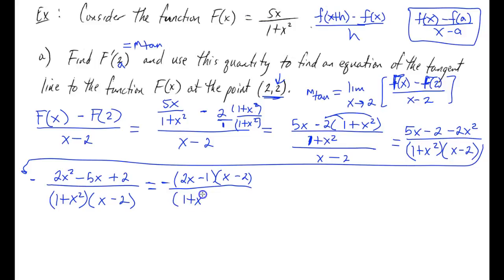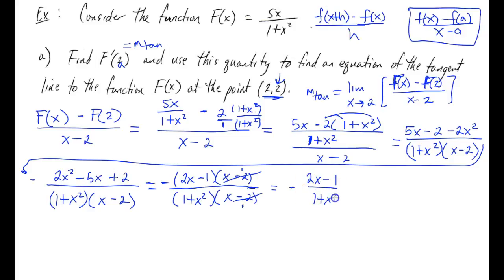Of course, if we keep our denominator the same, you notice here that we have a common factor of x minus 2 in the numerator and denominator. So that reduces to 1. And so now what we see is that this difference quotient can algebraically be rewritten in this form.